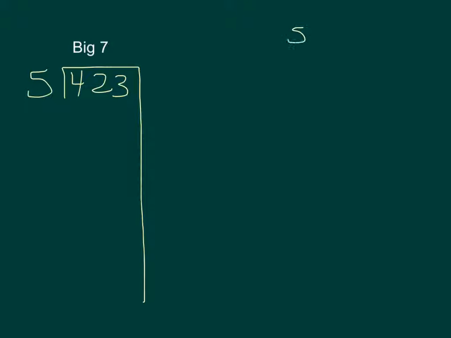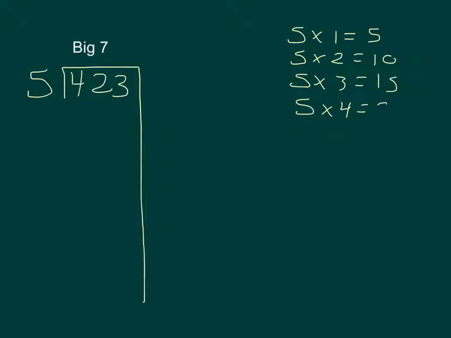Let's say 5 times 1 equals 5. 5 times 2 equals 10. 5 times 3 equals 15. 5 times 4 equals 20. All right, let's go ahead and do it by tens.